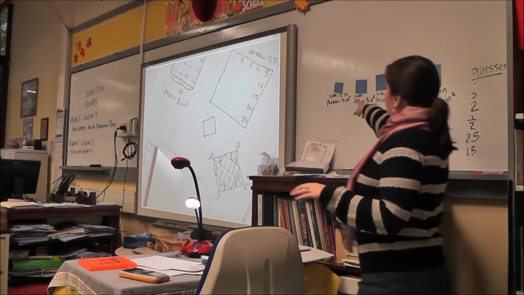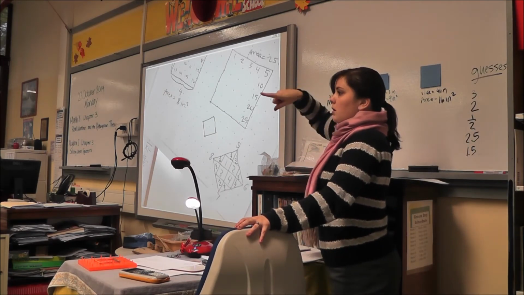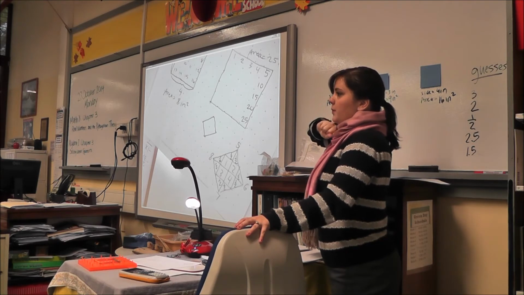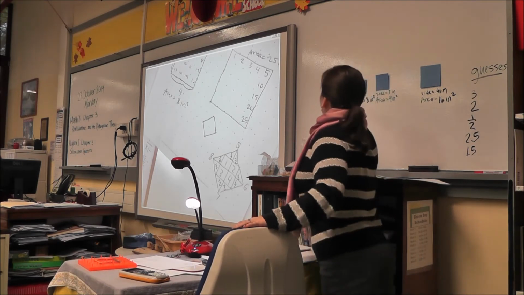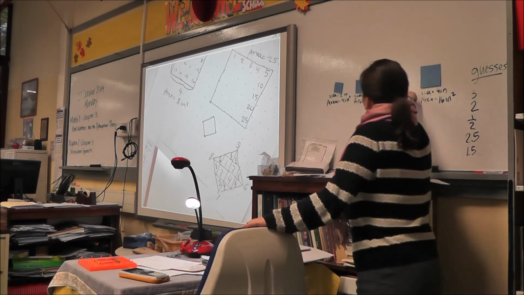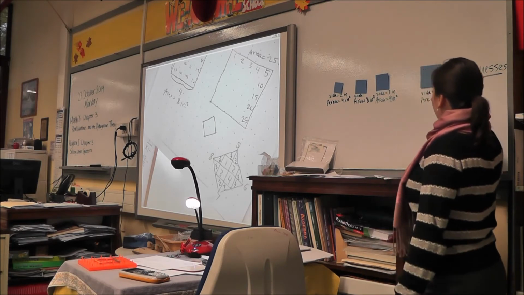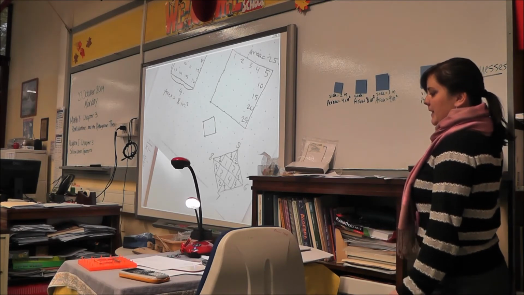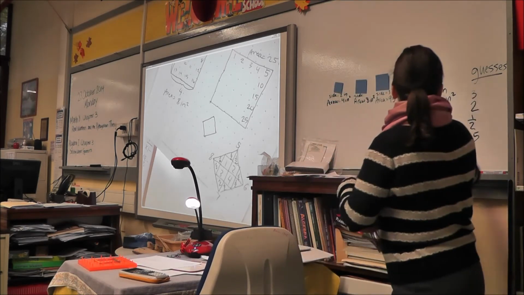How do we get from 2 to 4? What did we do to 2? Multiply this. Or what else could we call that? Squaring it. So we squared 2 to get to 4. So we squared 3 to get to 9. And here we squared 4 to get to 16. So let's check some of these. What if we squared 3?